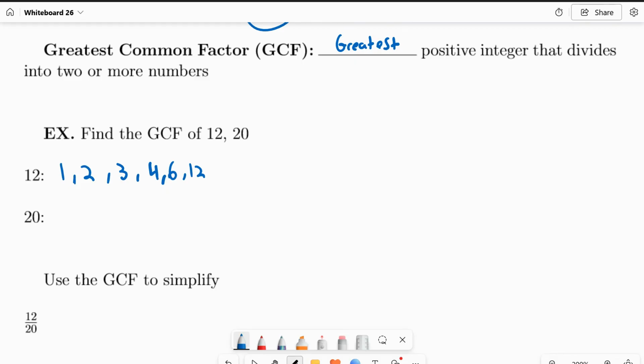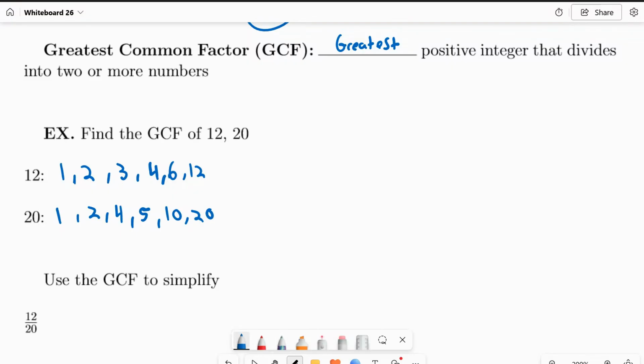Similarly, with 20, I would have 1 times 20 gives me 20. 2 times 10 gives me 20. 3 times nothing gives me 20. So 4 times 5 gives me 20. And now I've made it all the way around the loop.